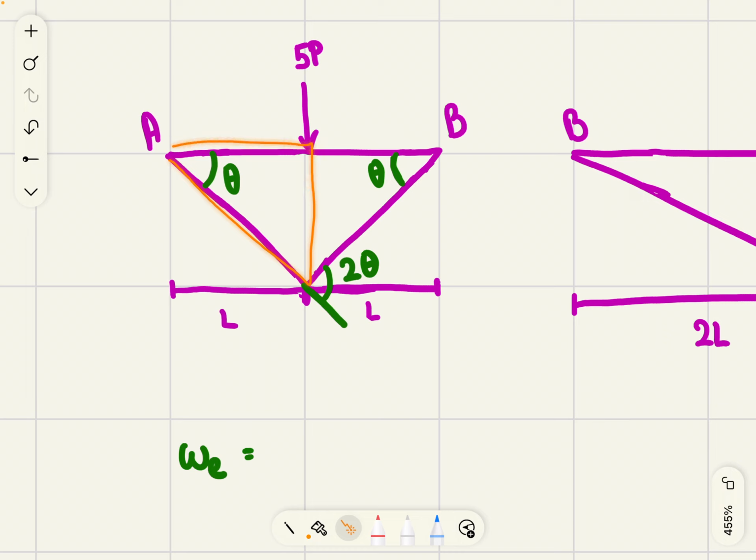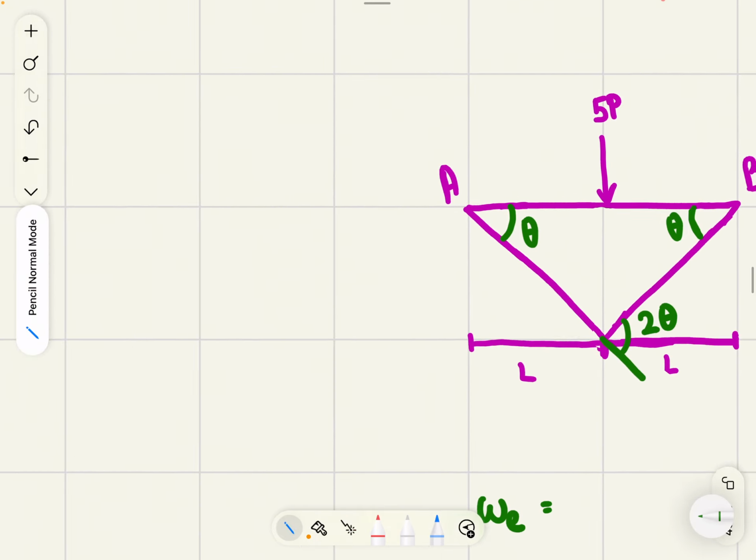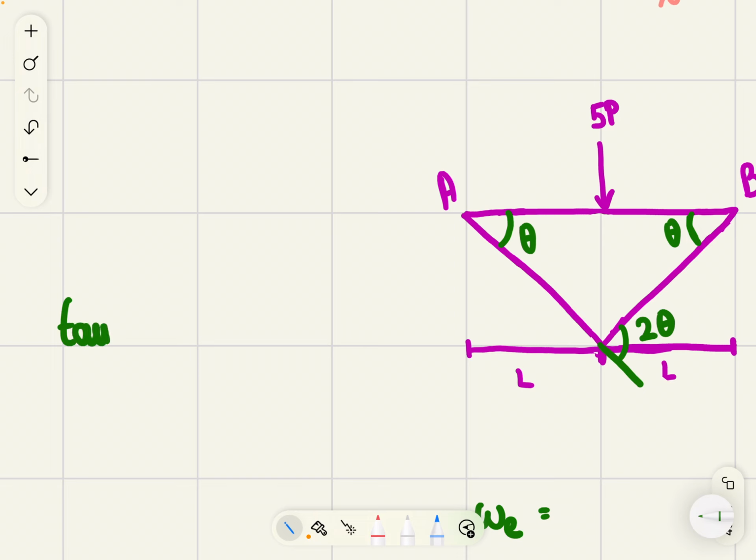So to find this, we're going to use tan of the opposite, which is dx, over the adjacent, which is L. So let's write this here.